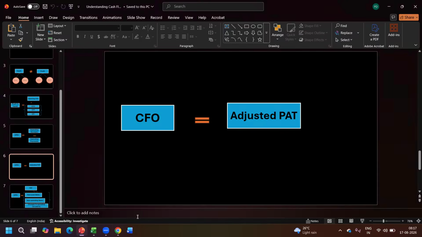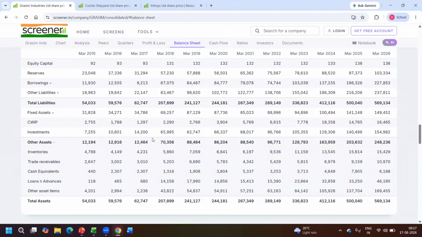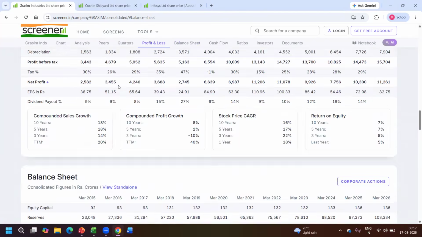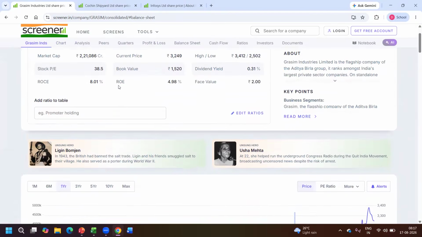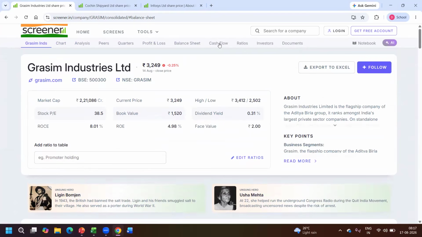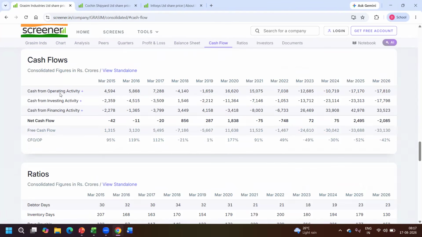We can have a look at it. In case of Grasim's Industries Limited, the cash from operations is negative for the last 4 years.